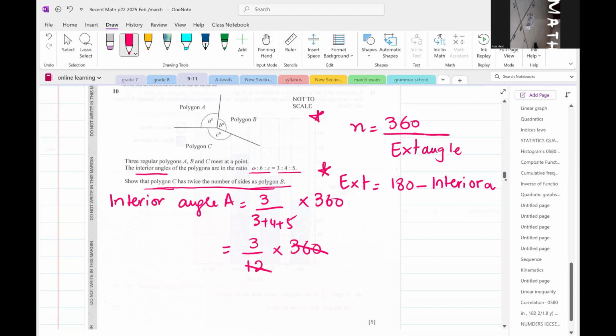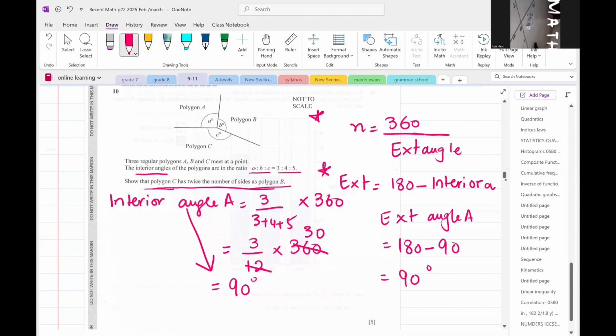Solve it. 12 3 times 36, and you put a 0 here. And you multiply 30 with 3, you get 90. This is the interior angle. What will be the exterior angle A? It will be 180 minus 90, which is 90. So exterior angle A is 90.